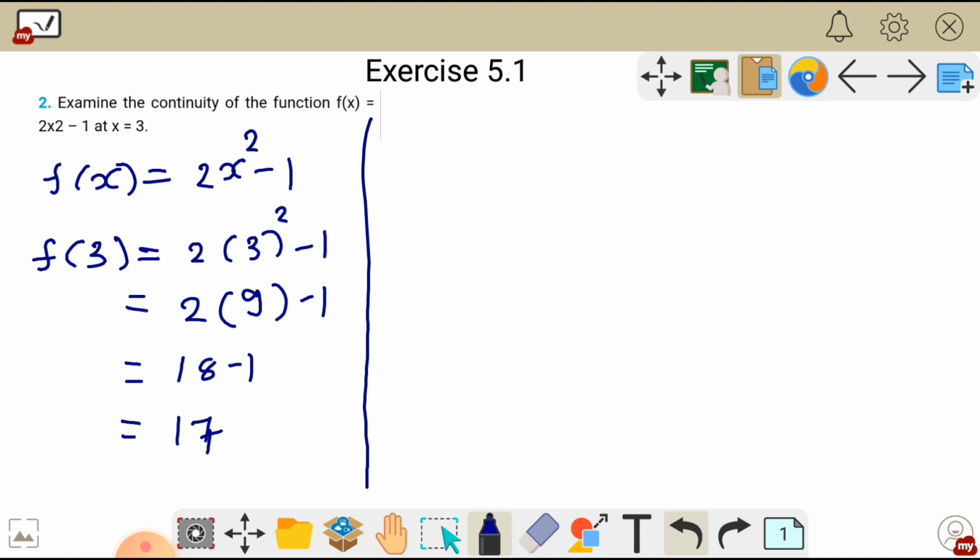Now we have to find the limit. So let us find the limit of this function at x is equal to 3.